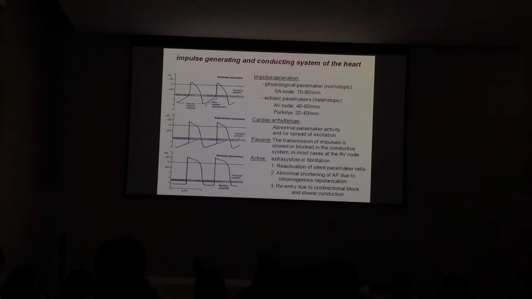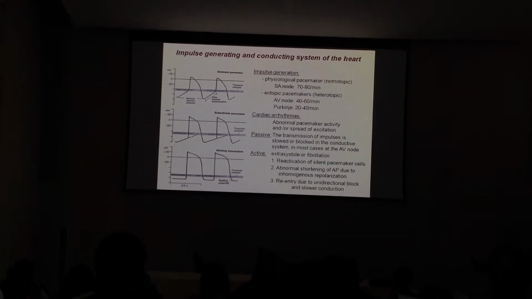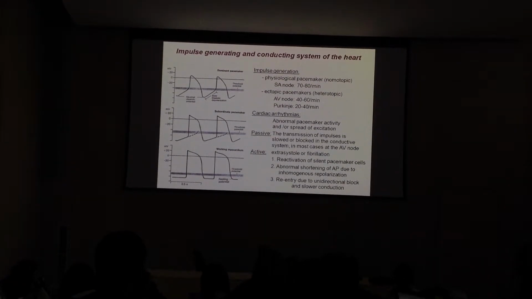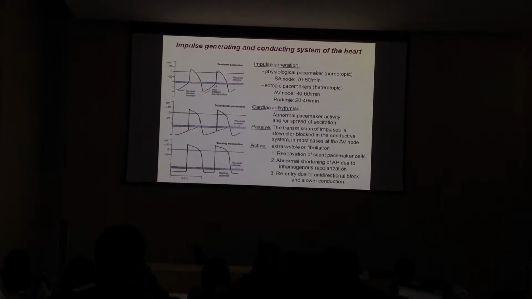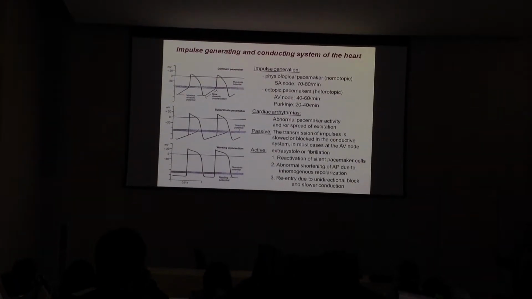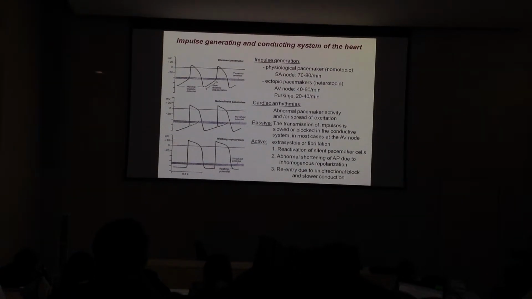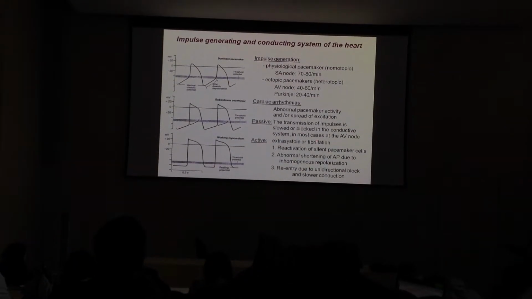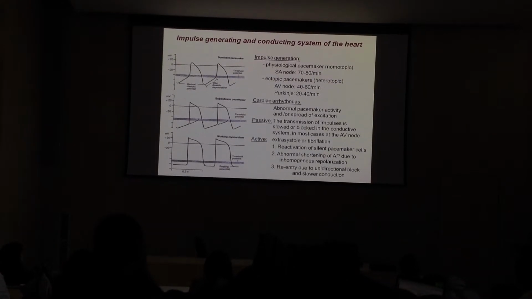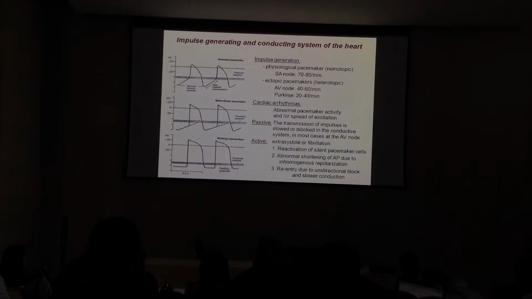Cardiac arrhythmias are a very important chapter in cardiology, because in many cases sudden death is due to heart failure and abnormal activity of the heart. This type of abnormal activity is the extrasystole and the fibrillation. We have to speak about the mechanism of these pathological cases.